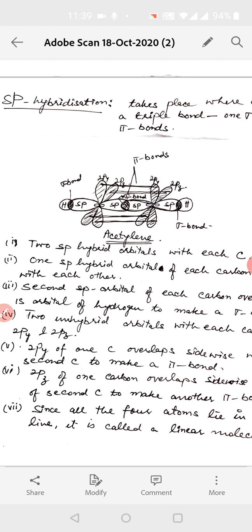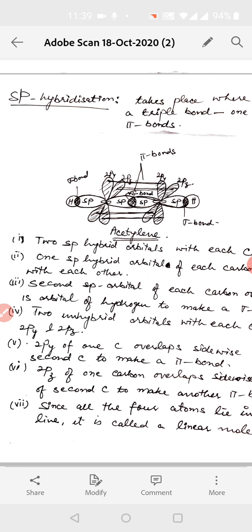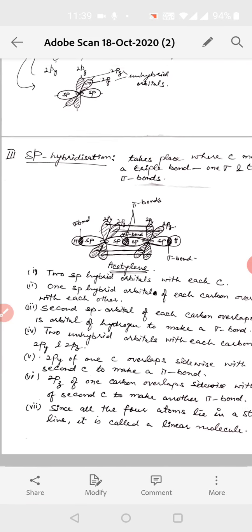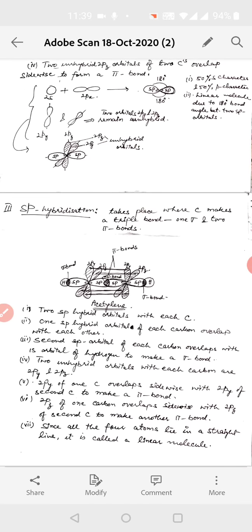So the middle sigma bond is formed by the sp of one carbon overlapping with the sp orbital of the second carbon. So there is head-on overlap for formation of the sigma bond. Then the second sp orbital of each carbon overlaps with one s orbital of hydrogen to make a sigma bond.